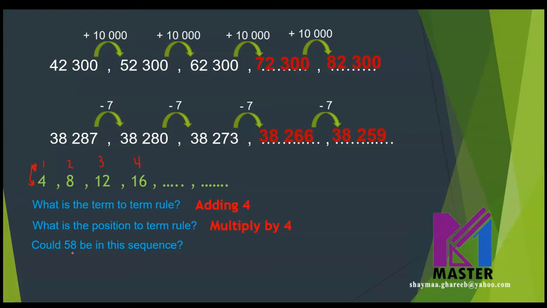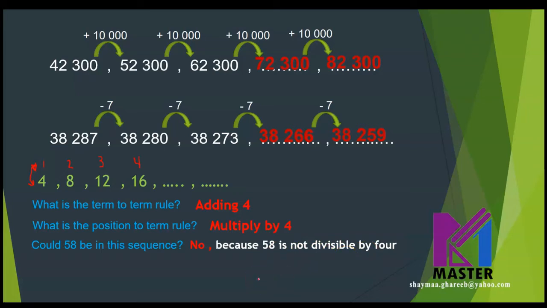No, of course not, because it's an odd number, so there will be a remainder. So this number is not divisible by 4 and it's not a multiple of 4. So could 58 be in this sequence? No, because 58 is not divisible by 4 and it's not a multiple of 4.